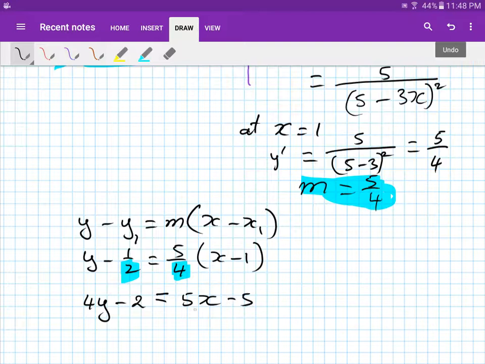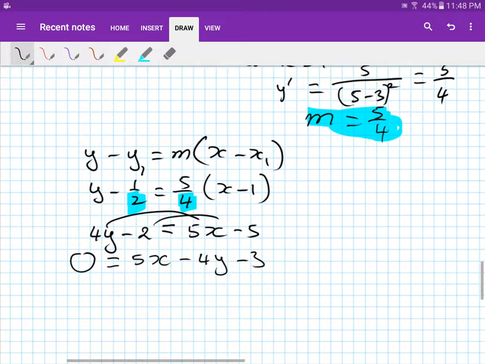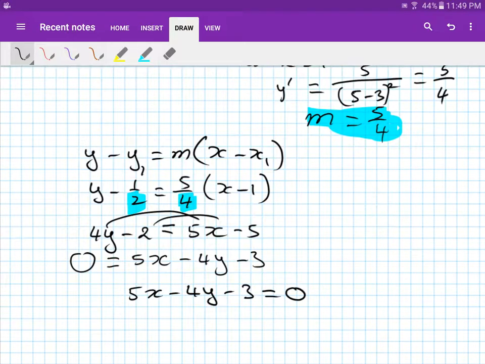Now I make it into general form, moving everything to that side: 0 equals 5x minus 4y, minus 3. Is that okay? So that's the equation of the tangent to the curve, written in the normal way. So that's the equation of the tangent.